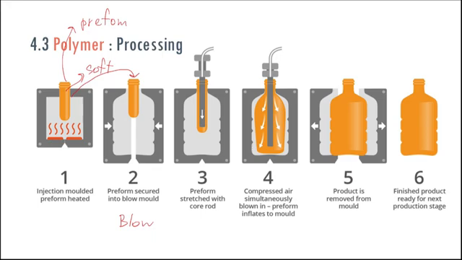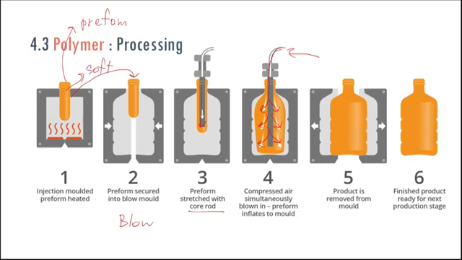And after that, the core rod will elongate the soft preform, and after that, the air will be put inside the rod and let them blow the soft preform to grow until it fits the mold.